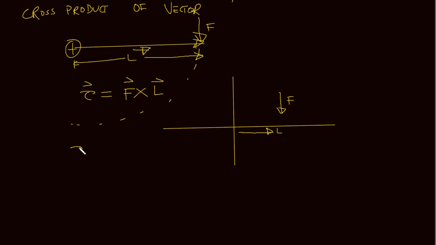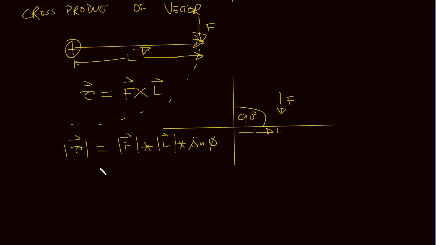Magnitude of the torque is easy. It is magnitude of the force multiplied with magnitude of the length of the arm with sine phi. In this case, phi is 90 degrees between these two.